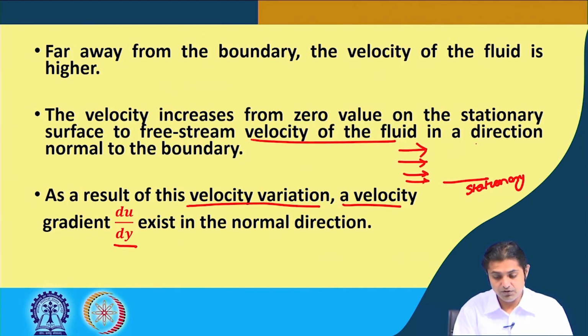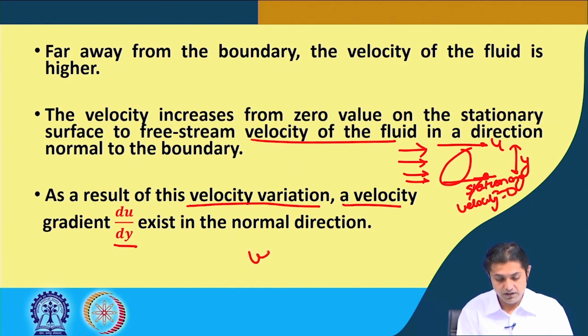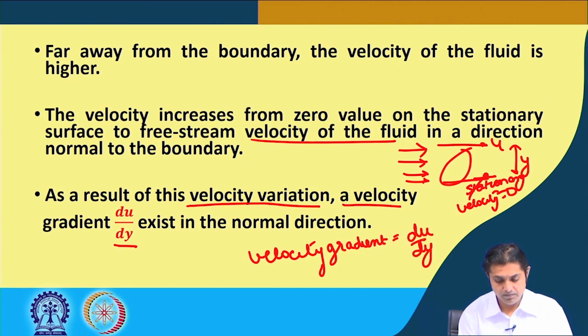We are not going to talk about what is in between right now, but suppose here is the velocity u, and this distance is y, and of course because this is stationary, at this point the velocity is going to be 0. So the velocity gradient is going to be du by dy.